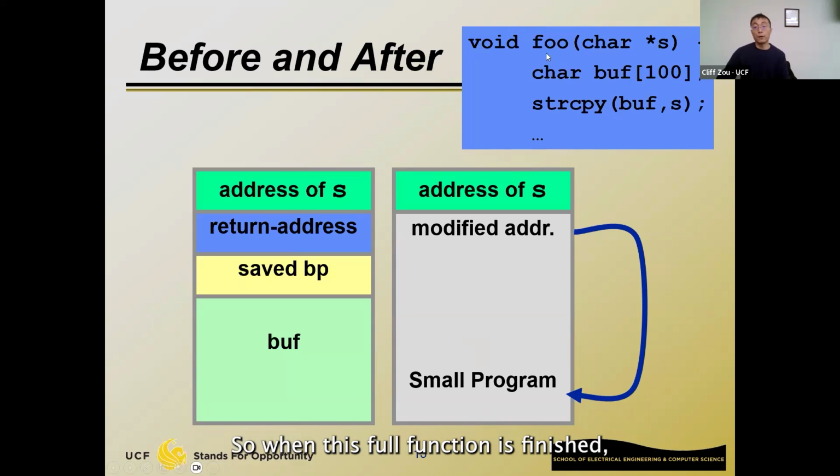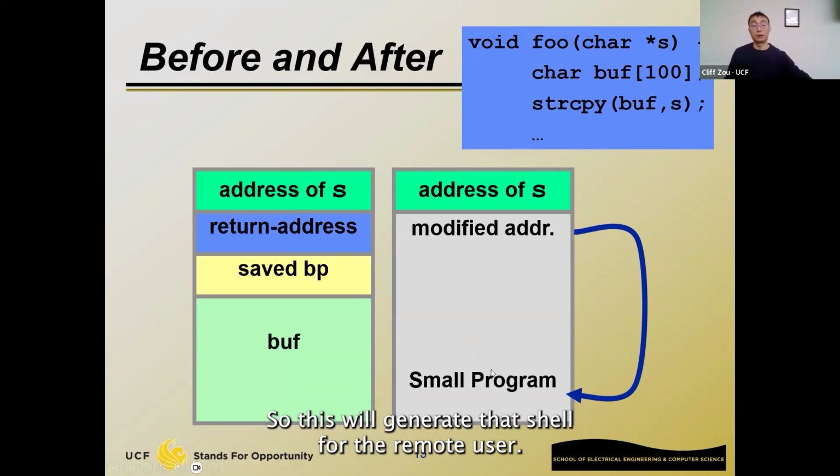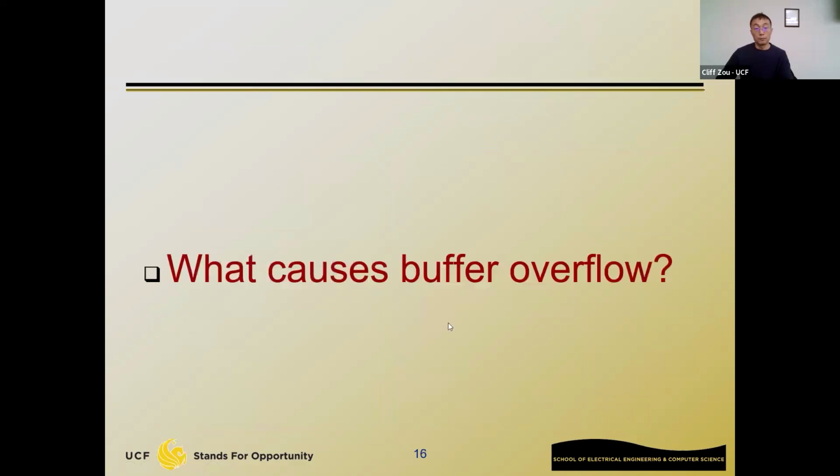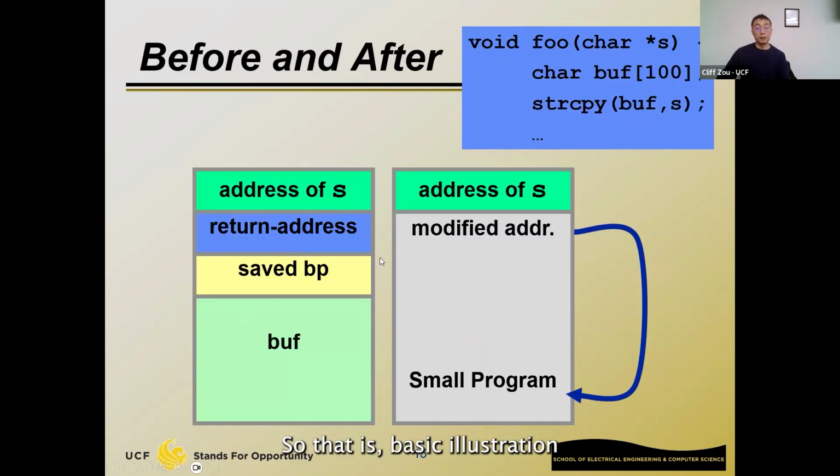So when this full function is finished, the CPU will fetch the new return address, fetch the instruction from here, then run this small code. This will generate that shell for the remote user. That is a basic illustration of how this stack overflow could happen.